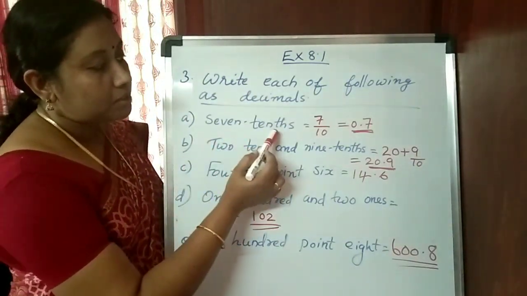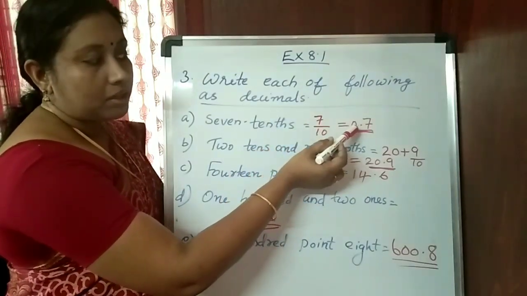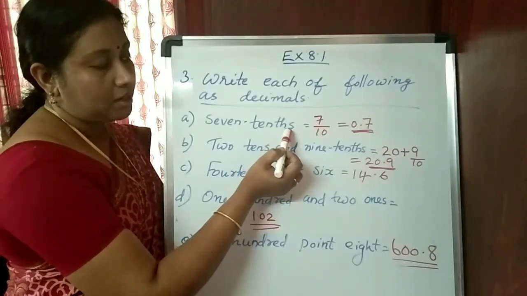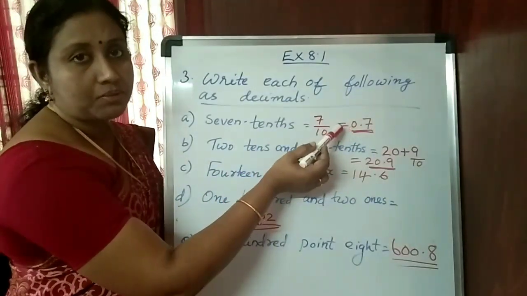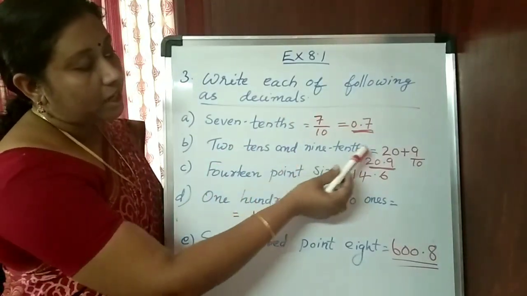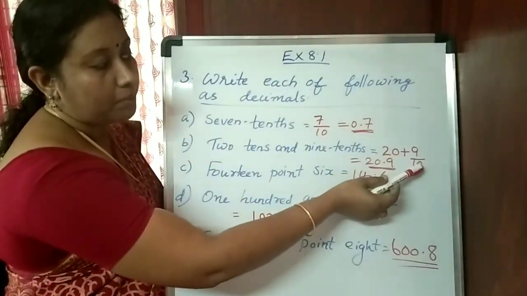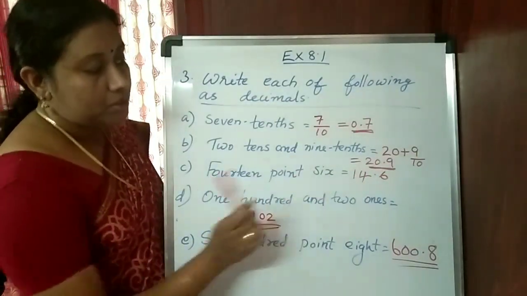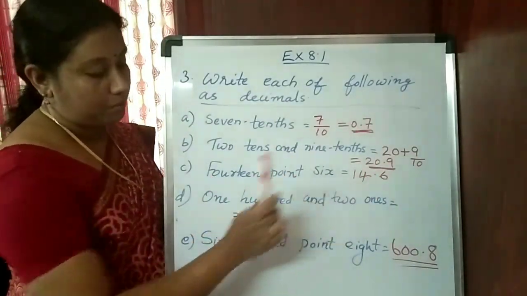Then 7 tenths means 7 by 10. This is the fractional form of this sentence. So what is the decimal form of this fractional form? 0.7. 2 tens and 9 tenths means 20 plus 9 by 10, that is 20.9. Then 14.6. Simply you write 14.6.